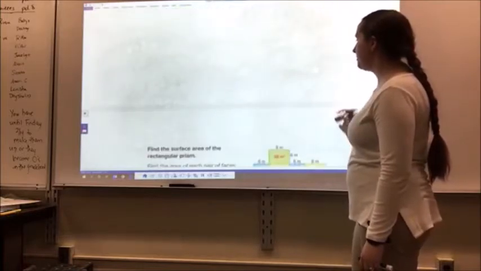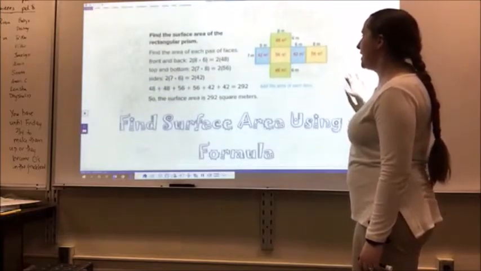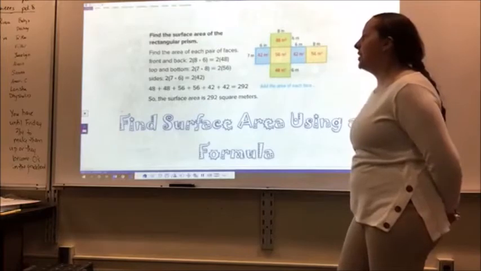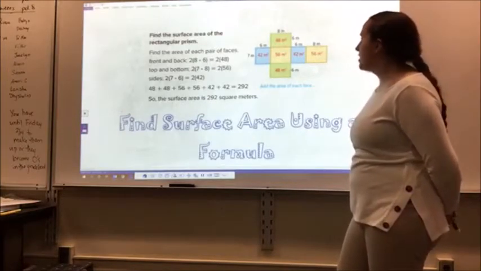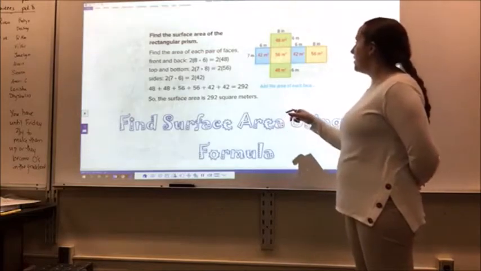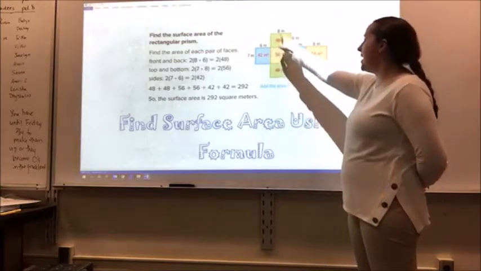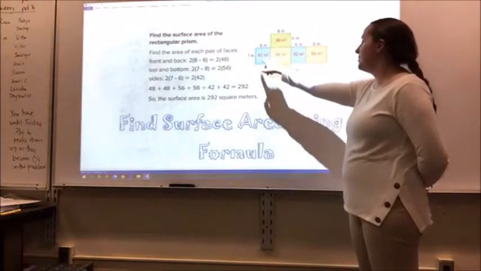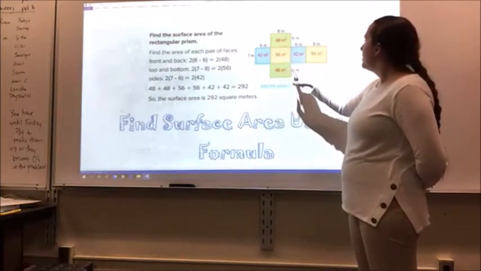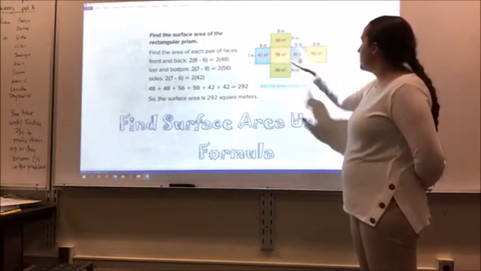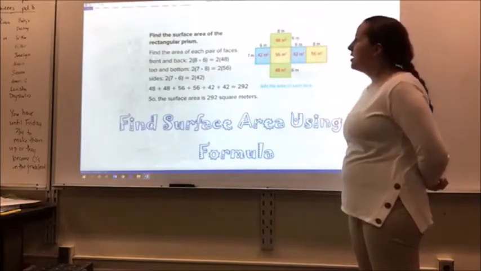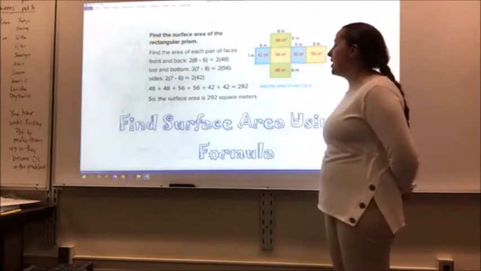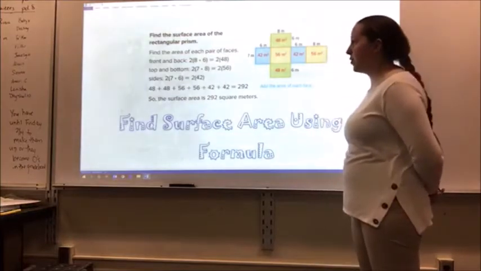Okay. So taking a look at an example, find the surface area of the rectangular prism. Find the area of each pair of faces, front and back. So my front and back are 6 times 8, so those are the same. The front and the back were 2 times 8 times 6, or 2 times 48.